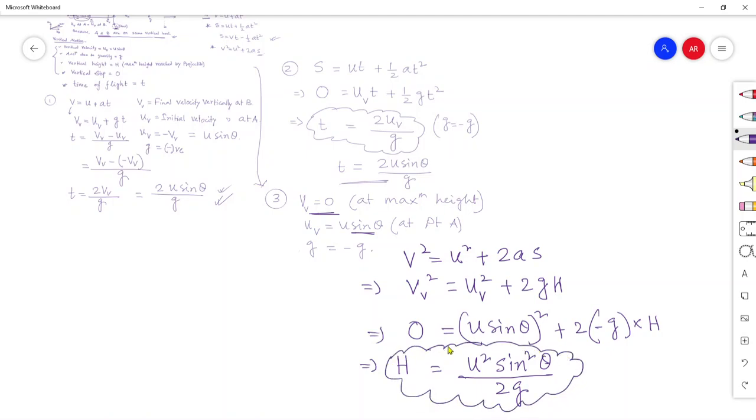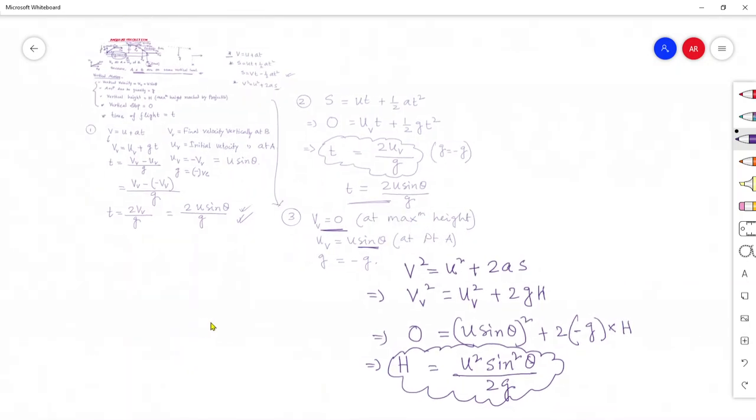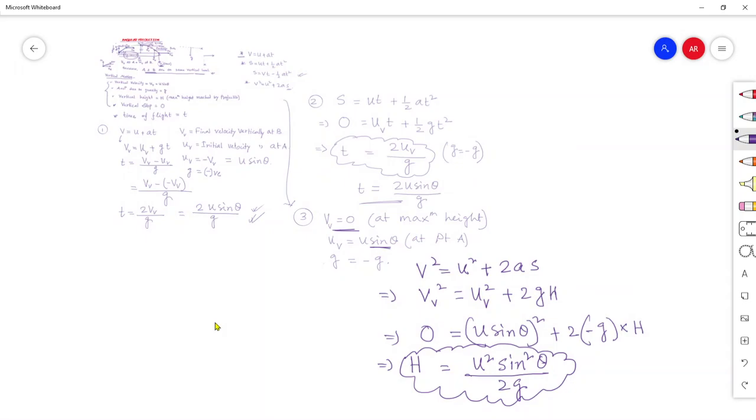You are not supposed to memorize any of the equations I derived so far. What you need to do, you need to practice it over and over again so that you can finally derive this expression. You are not recommended to memorize this equation. Don't do this. You need to know how this equation is derived.